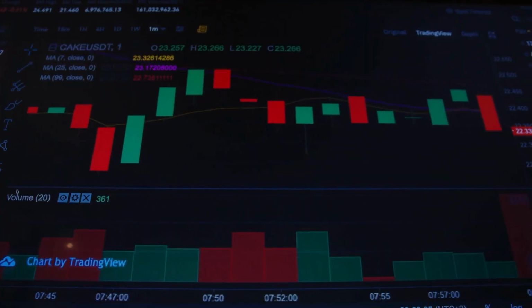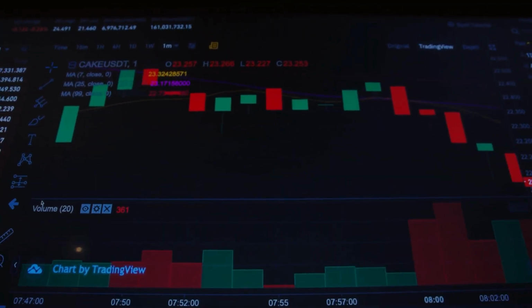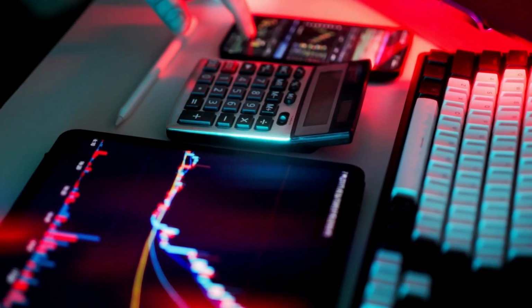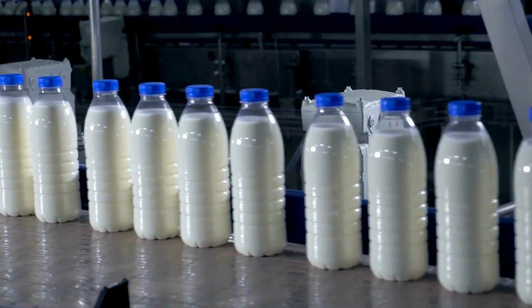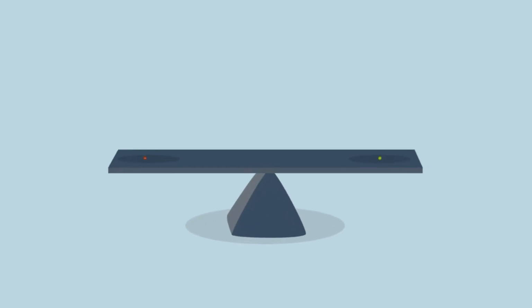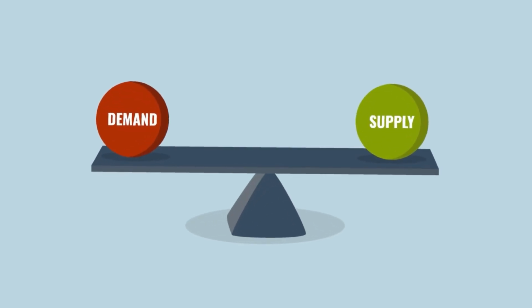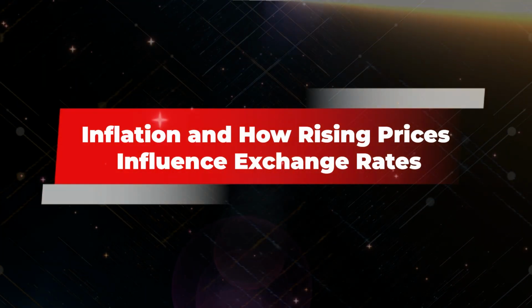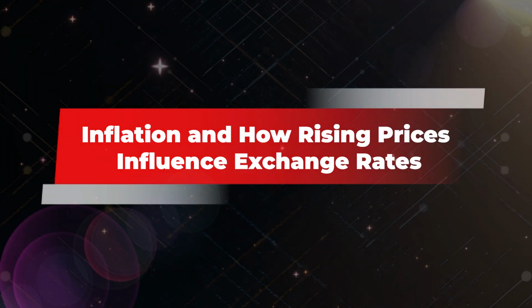On the other hand, when supply is controlled and demand is strong, currencies gain strength. In short, just like with everyday products, the price of money itself is constantly adjusting to balance supply and demand.